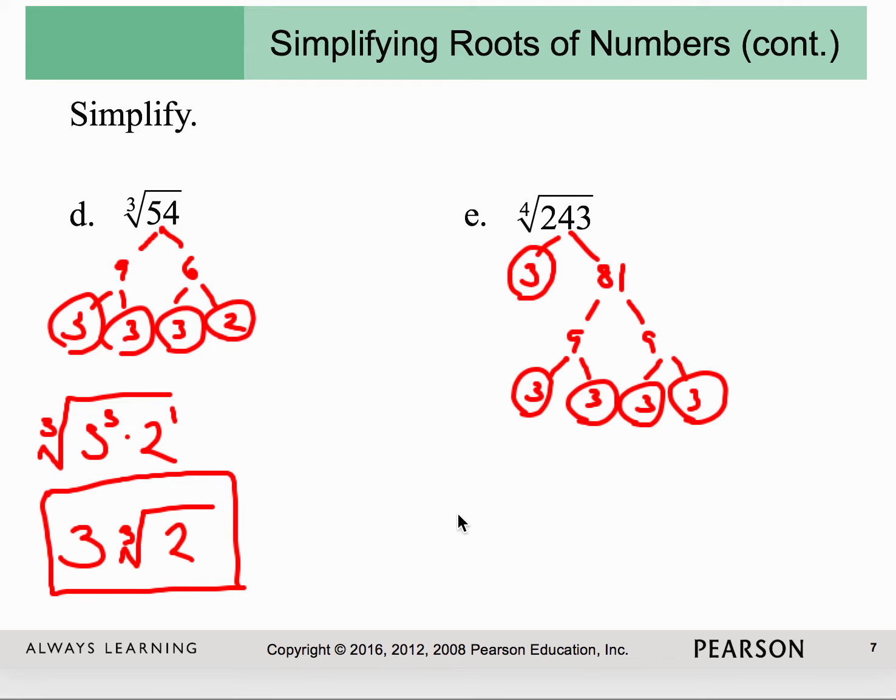So I can write 243 as 3 to the 5th. 4 goes into 5 1 time with 1 left over. So I can bring 1 out, but there's 1 left over. It doesn't go evenly like this did.